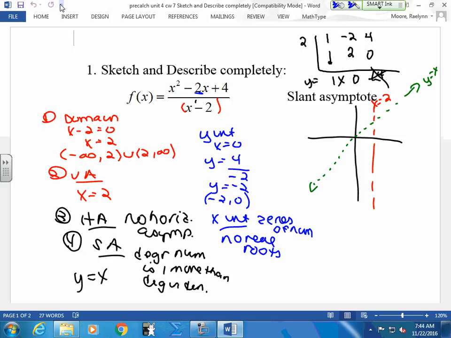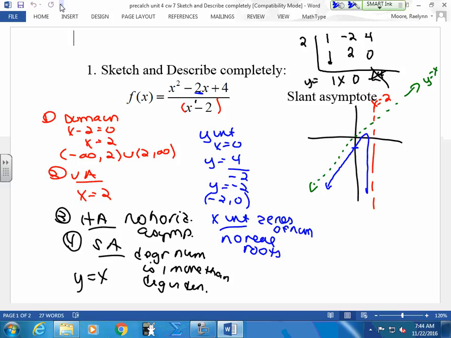So right now I know I crossed the y-intercept somewhere over here, and that's all I know from this. But I know this graph must go like this, because it's in this section. If my graph goes like this and crosses this, where else do you think it is?